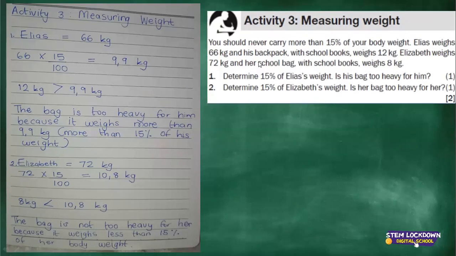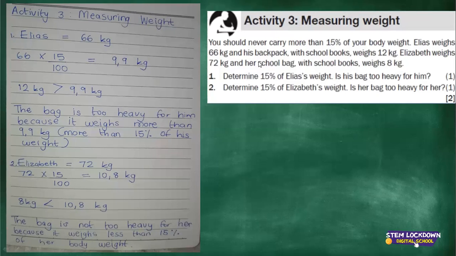So question 1. The statement is you should never carry more than 50% of your weight. Elias weighs 66 kilograms and his backpack with school books weighs 12 kilograms. Elizabeth weighs 72 kilograms and her school bag with school books weighs 8 kilograms.